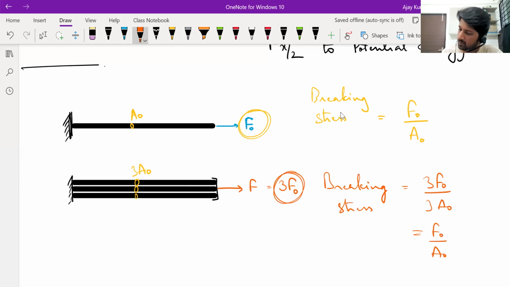The amount of stress you need to create to break something depends on the material. The amount of force you need to apply depends on the dimensions of the object. Suppose there is plastic. You apply a certain force on one plastic rod, it will break.